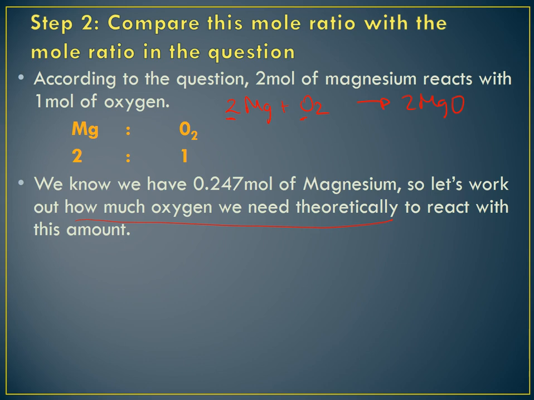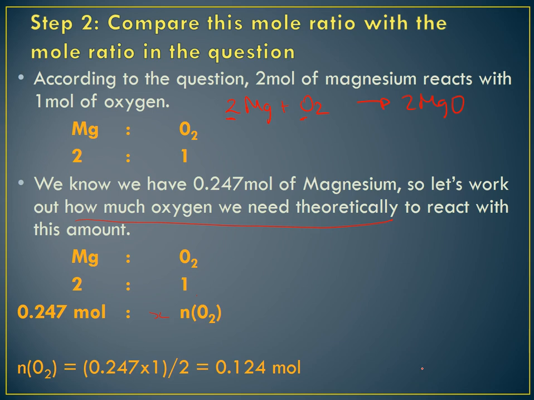So we're going to do some mass stoichiometry. If we set up our grid, we've got the mass of magnesium, mass of oxygen, it's 2:1, number of mole, and this of course is our x value. If we cross multiply, we will get 2x is equal to 0.247.